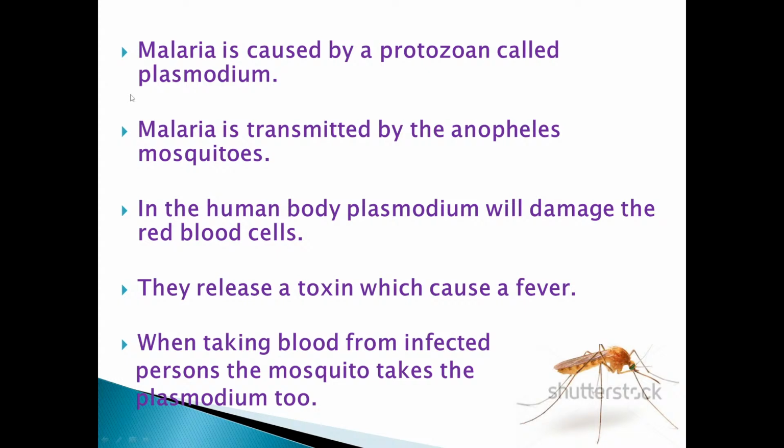In the human body, whenever this plasmodium enters the human body, it actually affects your circulatory system. Again, as to which part of the circulatory system, it is definitely your red blood cell, and that's a very serious complication once it enters the human body, because your red blood cell is responsible for picking up and transporting oxygen.